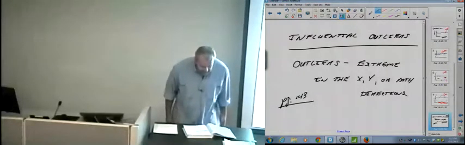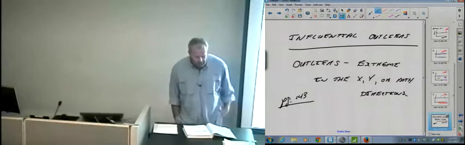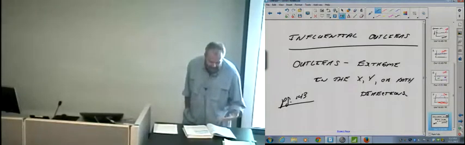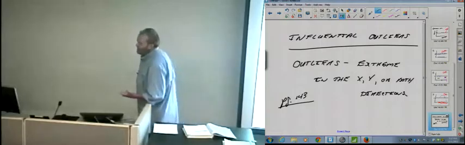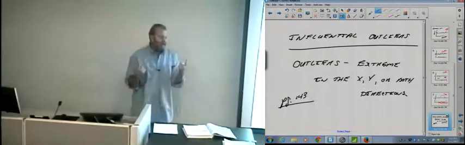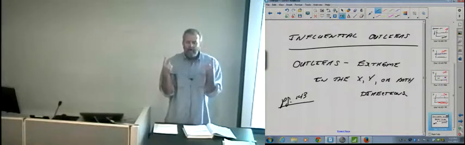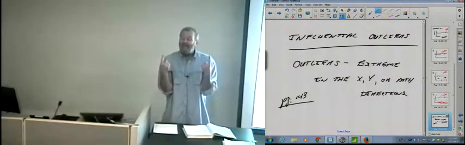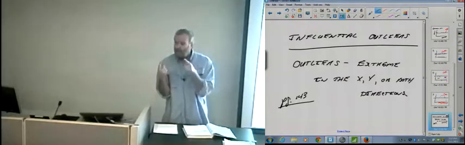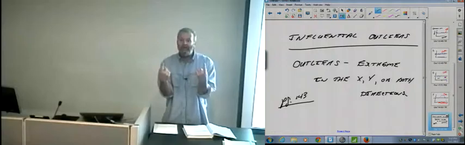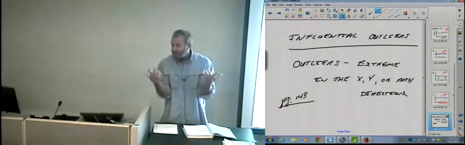All right? It says an observation is influential for a statistical calculation if removing it would markedly change the result of the calculation. Now look, the only two calculations we're looking at here is correlation and the least squares regression line. So the only way to actually know if you have an influential observation is to do it with it, take it out, and see if your calculation changes.